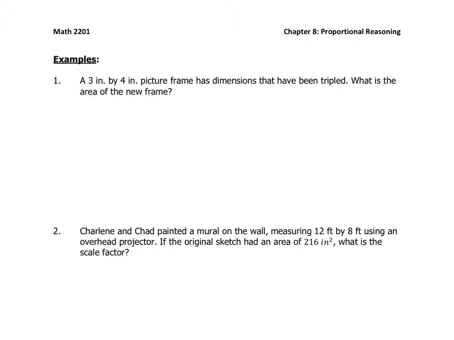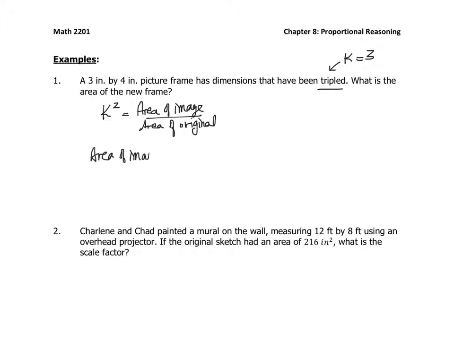It says a 3-inch by 4-inch picture frame has dimensions that have been tripled. So that means the scale factor is 3. What is the area of the new frame? If we use our formula, the area of the image equals k squared times the area of the original.